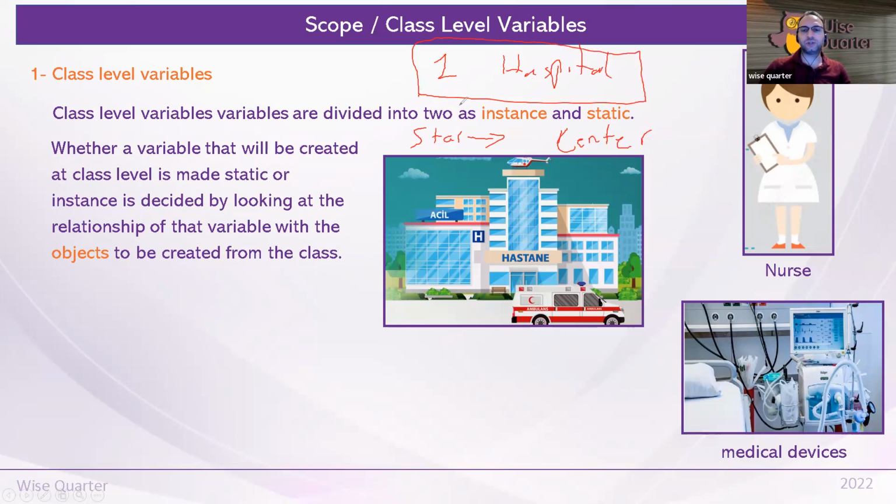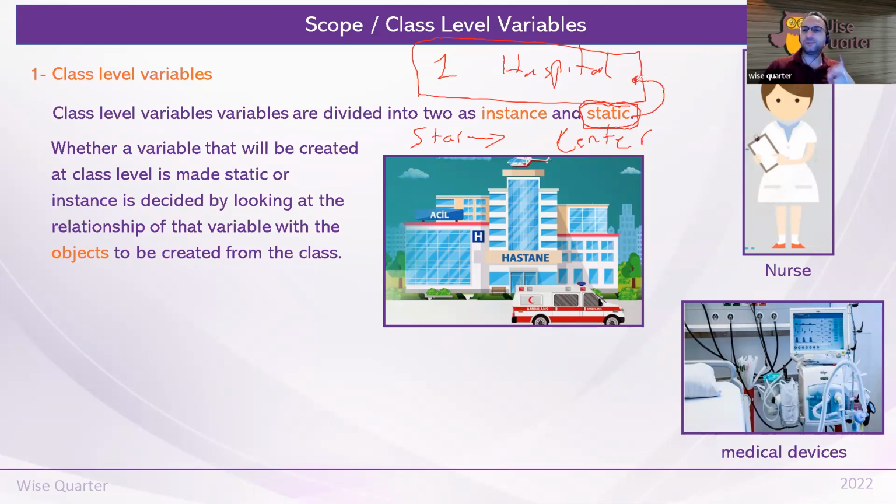In this kind of situation, it should be static. I will try to explain it in detail, but for now, let's say it this way. If there will be only one variable, and if it will be the same for everybody, you should create it static.